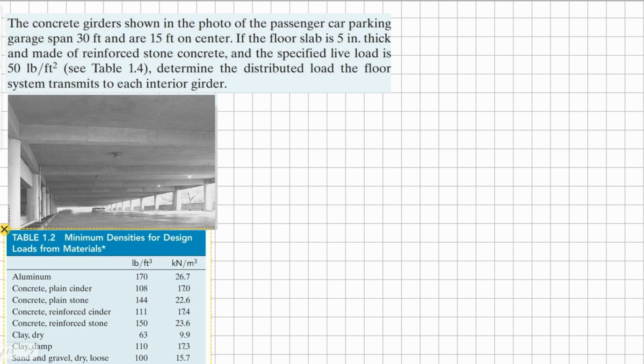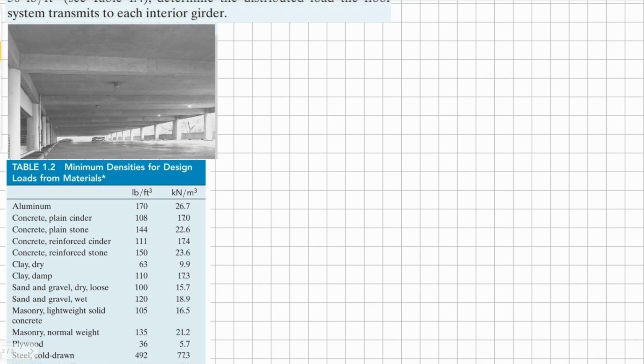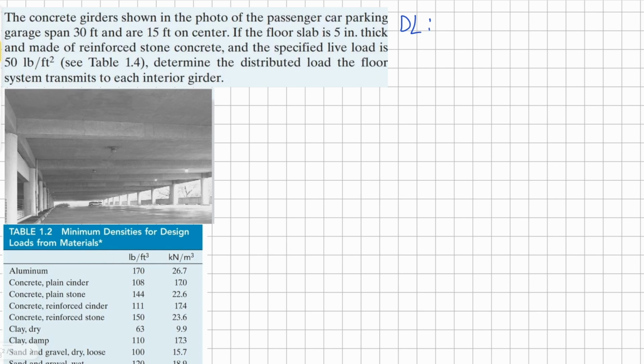All right, to solve this problem, first let's calculate our design floor loading. For that, we first need to calculate our dead load. We know from the minimum densities for design loads that reinforced stone concrete is 150 pounds per cubic foot, and our concrete will be 5 inches thick.